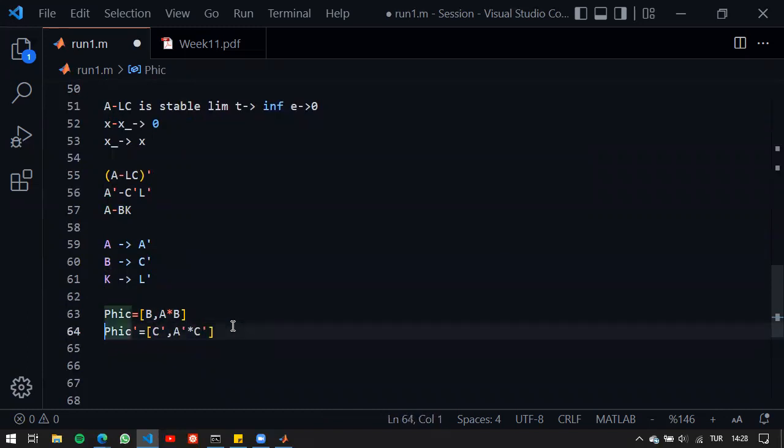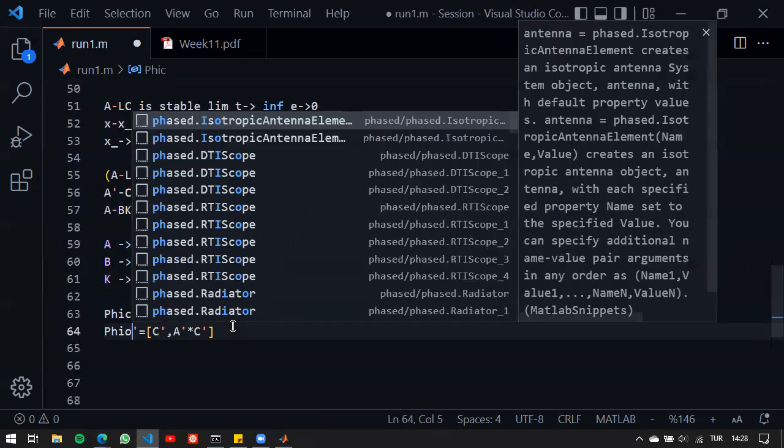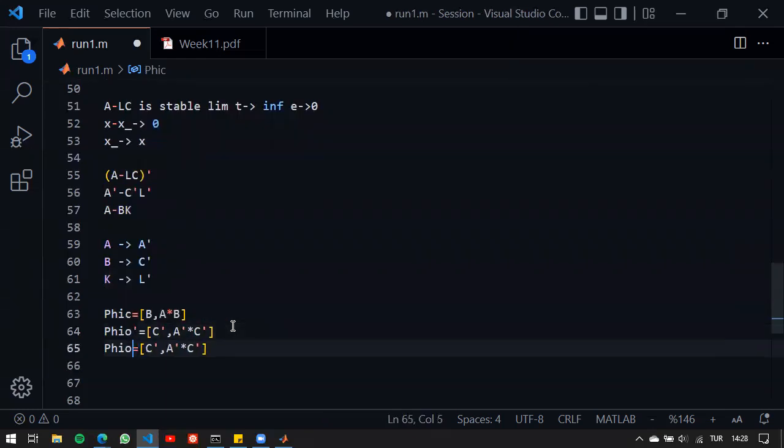Now, let me say that this is phi O basically. What happens if I take another transpose here? A little bit of linear algebra. But eventually, you'll see that this would be C, and then this would be C times A. And there we go. You have basically the observability matrix here.